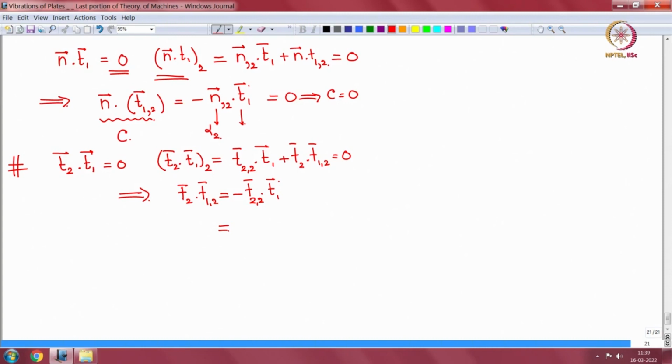Okay. So now we use what we have already found. So what have we found? T2 dotted with T1 comma 2 is equal to minus A2 by R2 into N, minus 1 by A1 del A2 by del alpha 1 T1 into minus 1 dotted with T1.